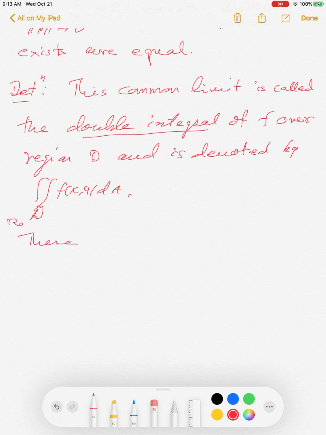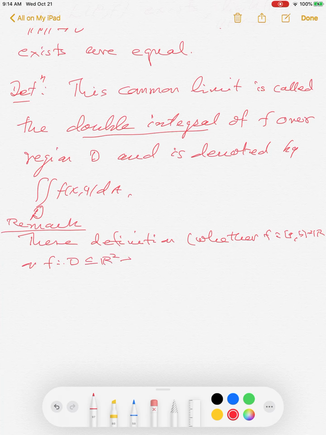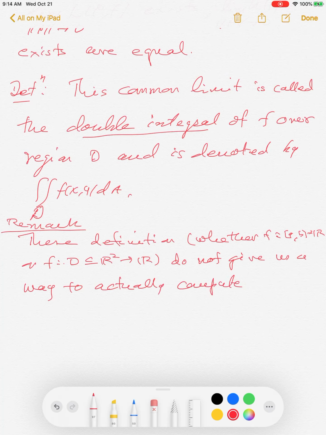So this is a remark: these definitions, whether f is a function from [a,b] to R, or f is a function from D, which is a subset of R2, to R, do not give us a way to actually compute the value of the integral.